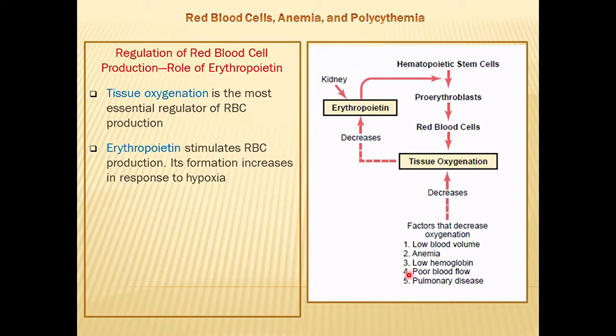Because oxygenation of the blood is in the lungs. So these are some of the factors that will decrease tissue oxygenation. And so this will stimulate erythropoietin production by the kidney, signaling the bone marrow to produce more RBC. So, ganun lang.